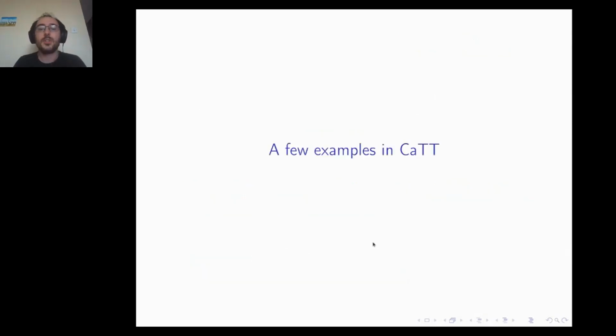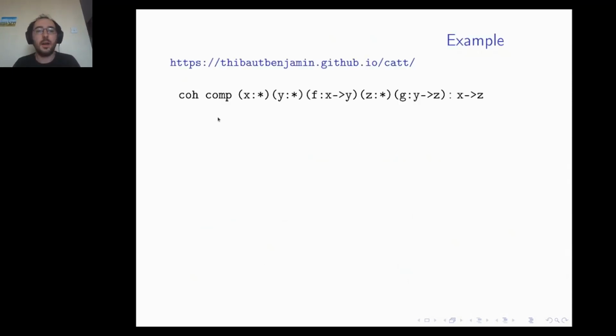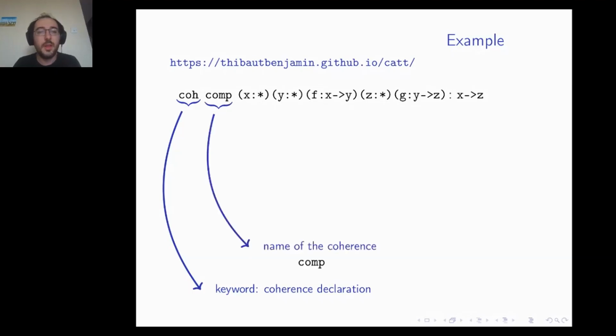So first, I'll give you a few examples in CAT, and to understand what it's about, I'll show you, for instance, something that you can write in this language. So here you have first this keyword, which is just to say that we're declaring something. Then you have comp, which is the name of the thing that we are declaring, so that we can refer to it later. And then you have a huge pack of arguments.